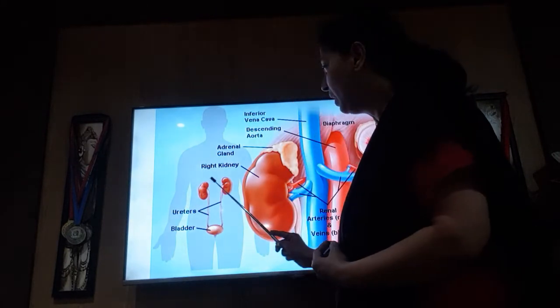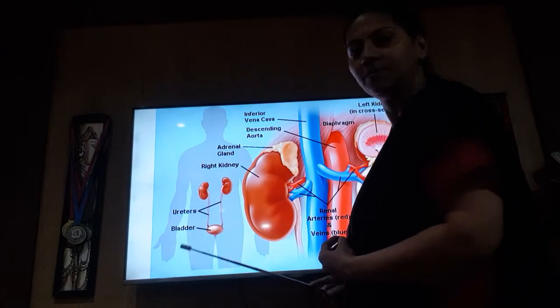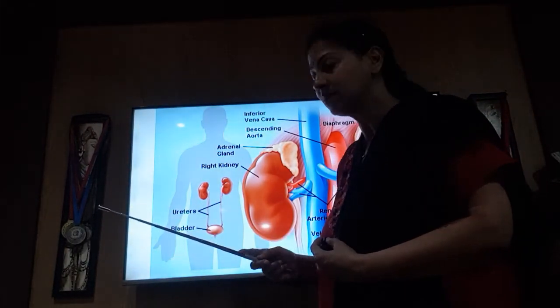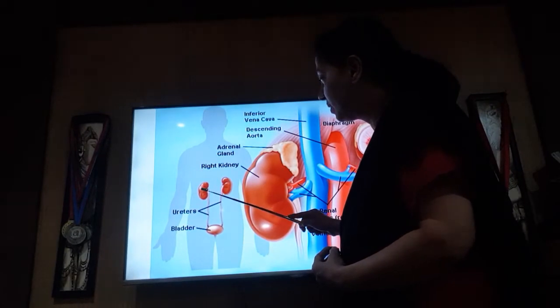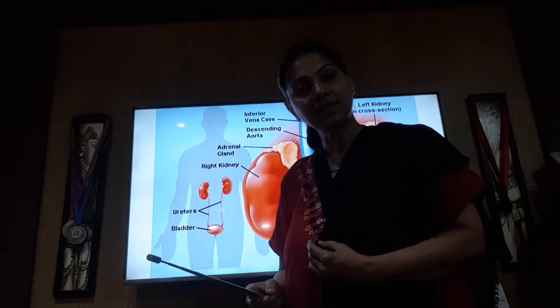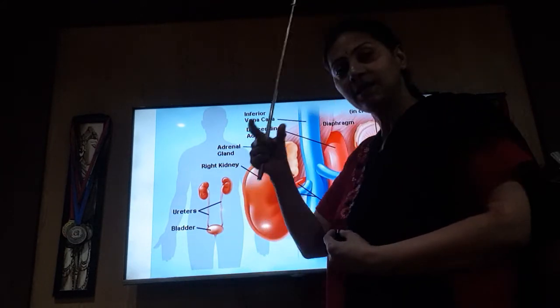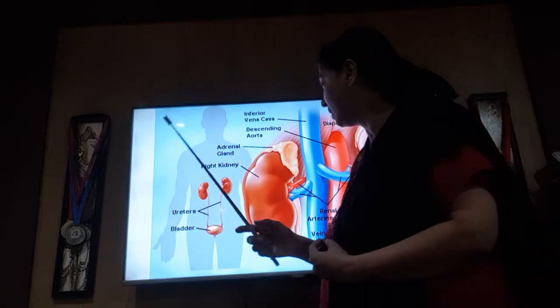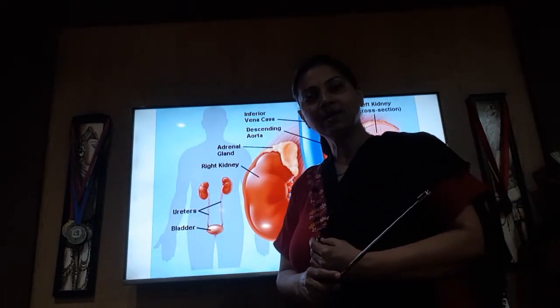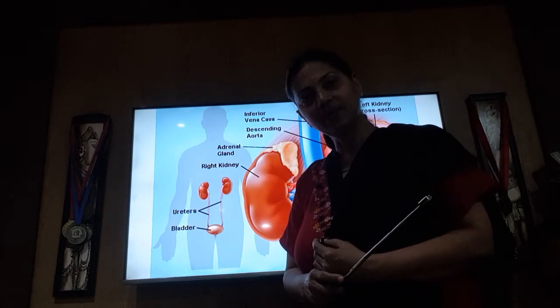Okay, 11 centimeter long. Half of 12 was 6, 6 centimeter broad, and half of 6 is 3, 3 centimeter thick. So this is the dimension of the kidney.